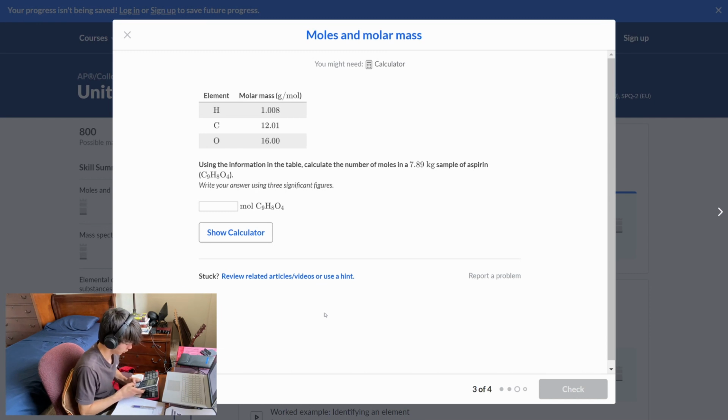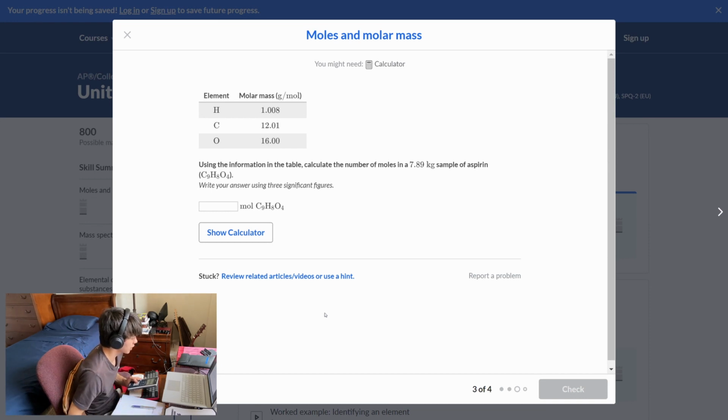Carbon, we have 12 grams per mole times 8 of these, plus 16 grams per mole times 4 oxygens, 168 grams per mole of aspirin.